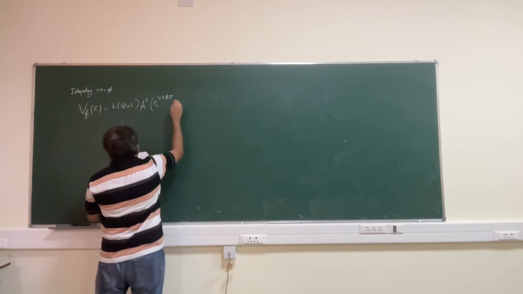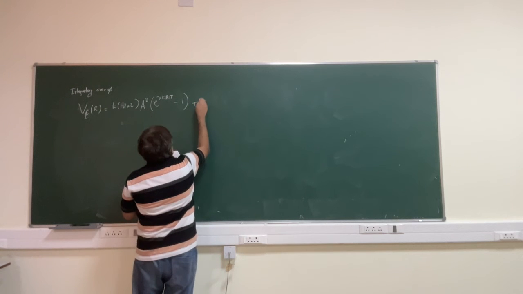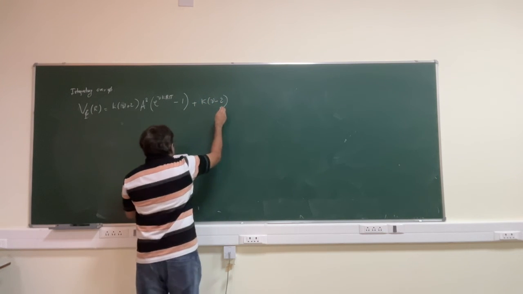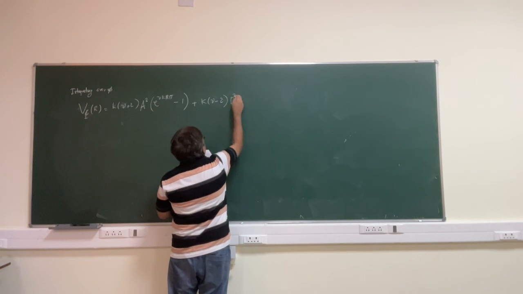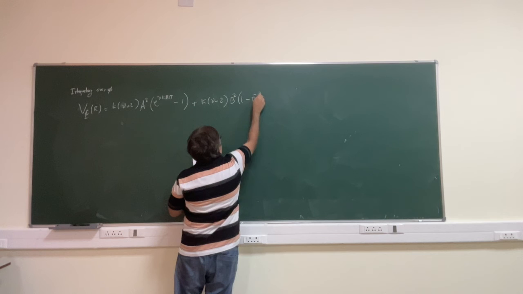I'm writing r phi as 1. The problem is I am combining two notations. I was lazy to use the same notation for everything.